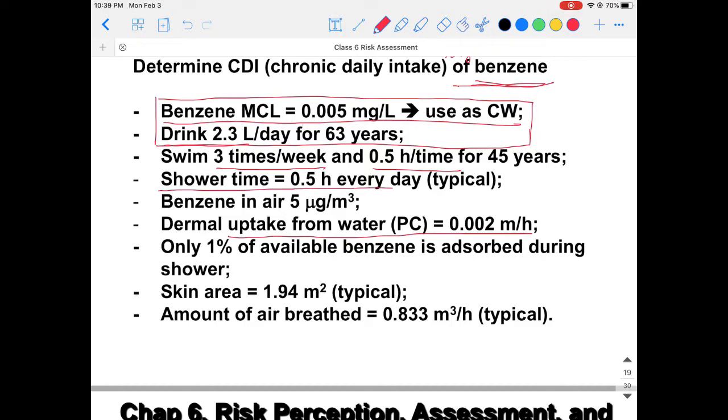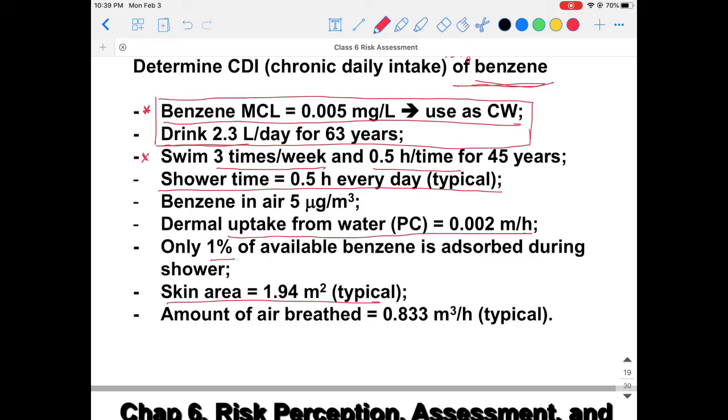And there are also conditions that during the shower we can also ingest these contaminants, and there's a condition that only 1% of the available benzene is absorbed during the shower. And here we have the skin area, and then we can calculate the CDI from these different ways. Of course, we need to consider the breathing of the benzene from the breathing process.